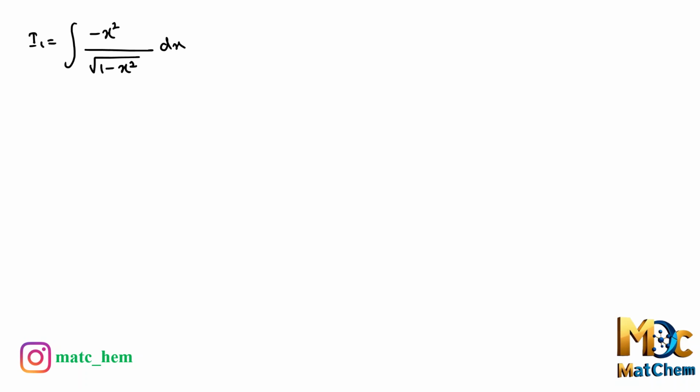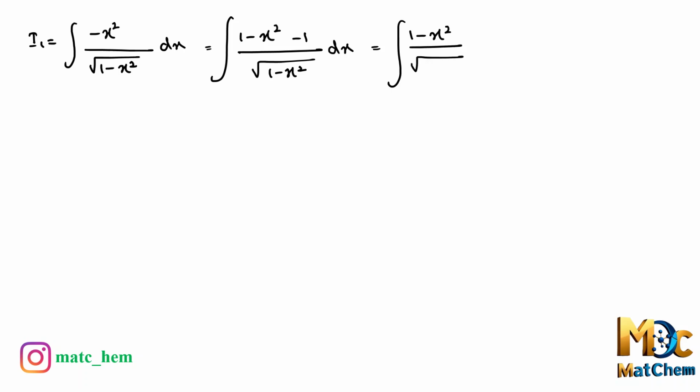In that particular case, if you want to integrate, here in the denominator we have 1 minus x square, in the numerator we have minus x square, so we can add and subtract 1 to it. So what will you get? You will get 1 minus x square minus 1 divided by square root of 1 minus x square dx, which is equal to integral of, we can separate the numerator, 1 minus x square divided by square root of 1 minus x square dx, minus integral of 1 upon square root of 1 minus x square dx.